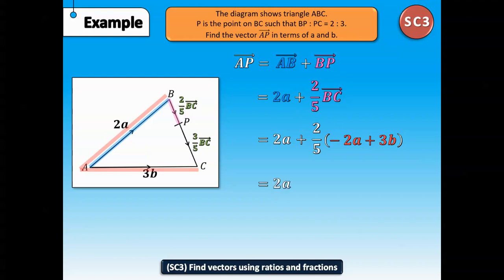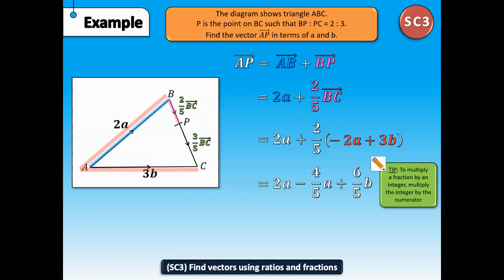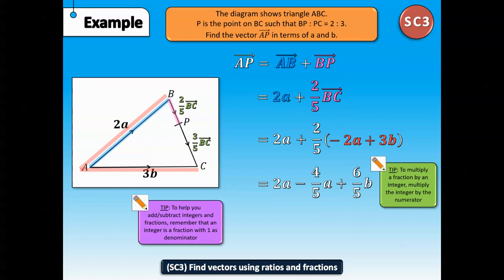So we expand that bracket, and then we simplify. So A to P is 6 over 5A plus 6 over 5B.